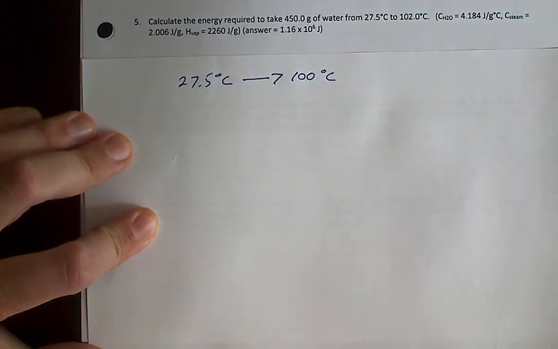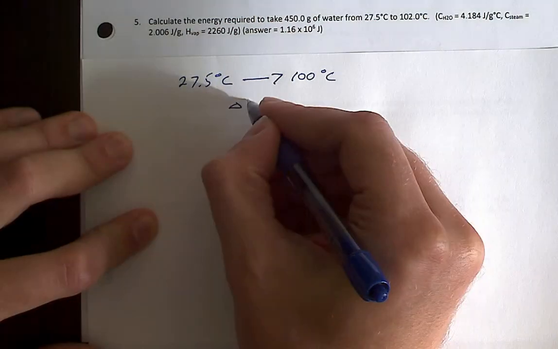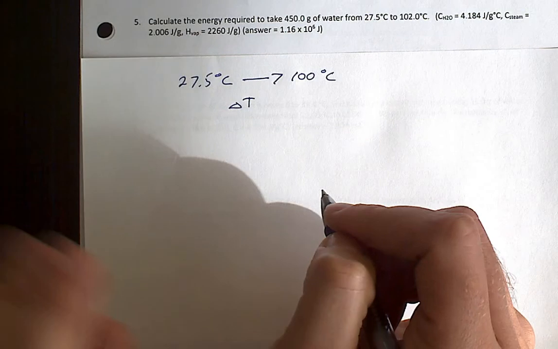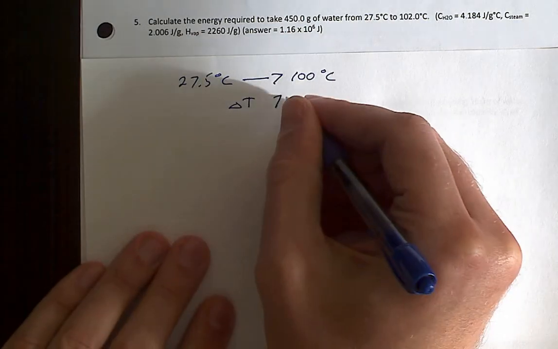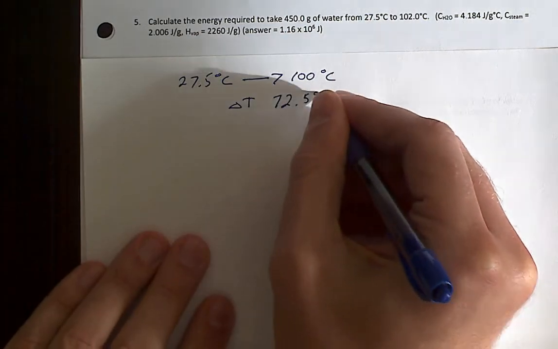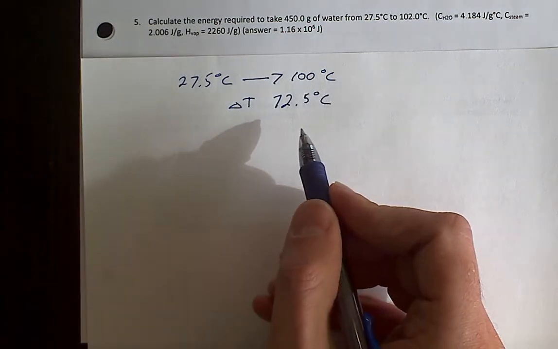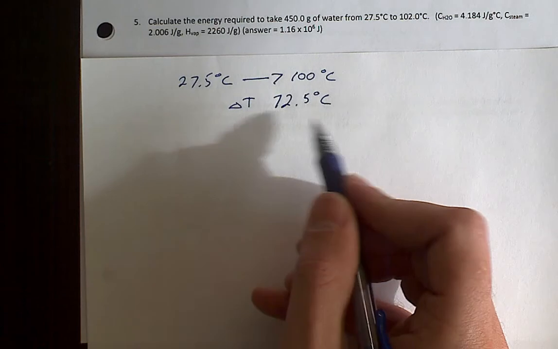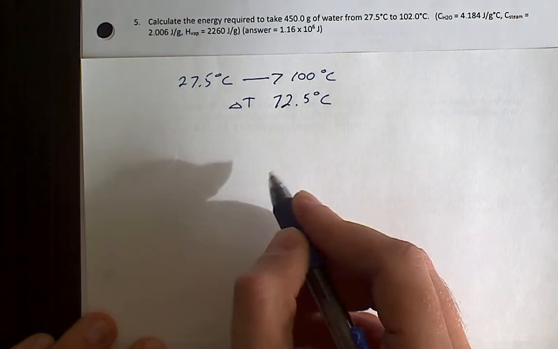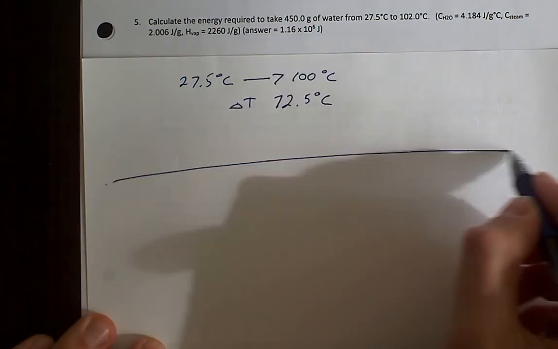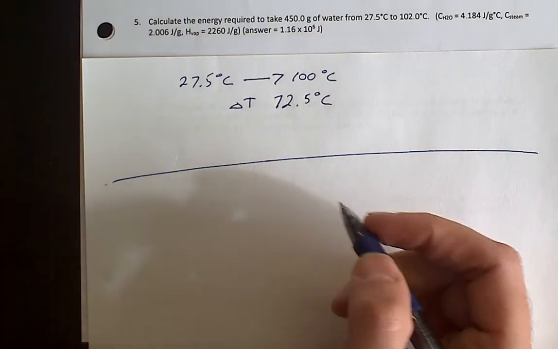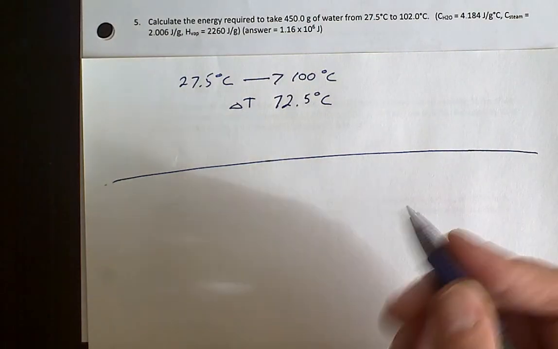So we have a delta T here that we have to look at, and that delta T is 72.5 degrees Celsius. So we're going to heat water up to that temperature. So we're going to calculate how much energy does that. Now, we're going to come back to that in a minute. I'm going to do the next part of this, where we take that water and we turn it into steam.